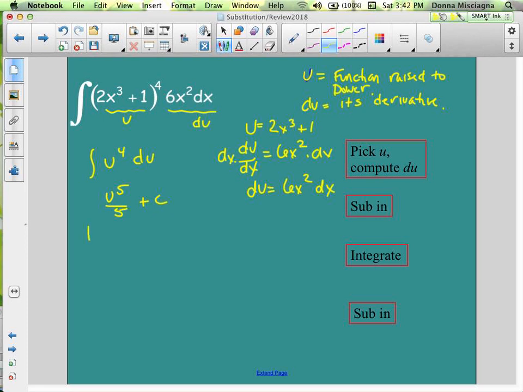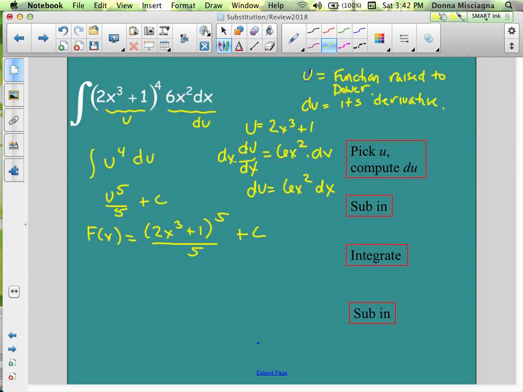So that means f of x is (2x cubed plus 1) to the 5th power divided by 5 plus c.